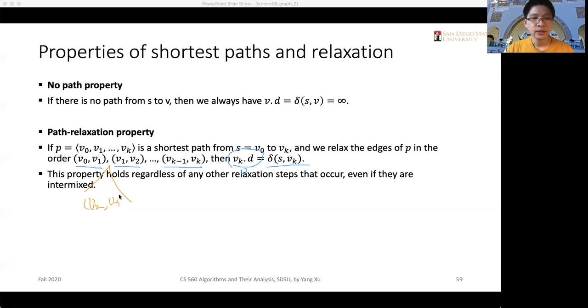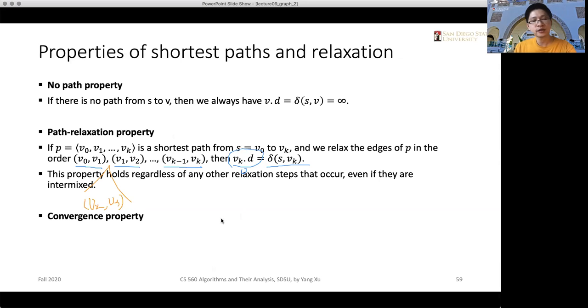We can insert any other relaxation steps between these segments. As long as V0 to V1 is relaxed, and after that V1 to V2 is relaxed, and all the edges along this sequence are relaxed in order, then we will make sure that the resulting delta will be obtained. So these are quite useful. We will use this to prove that the Bellman-Ford algorithm is correct.